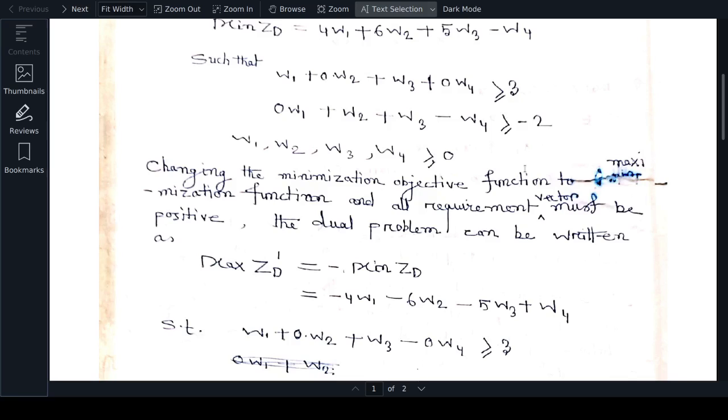In the primal the symbols are less than or equal to, so in the dual the symbol will be greater than or equal to.